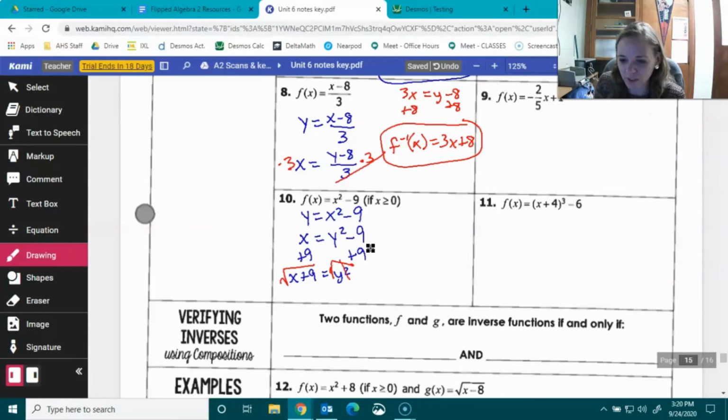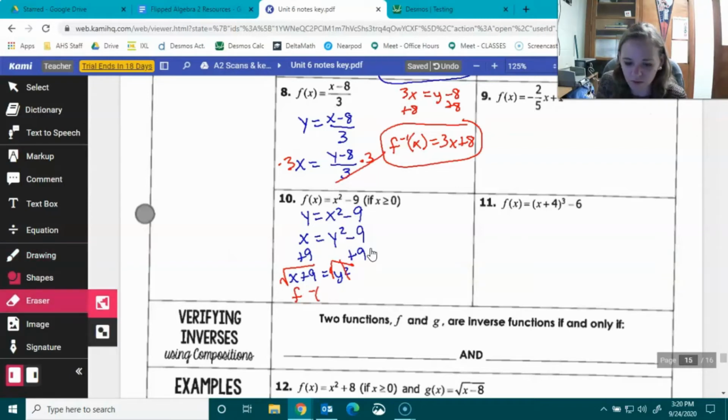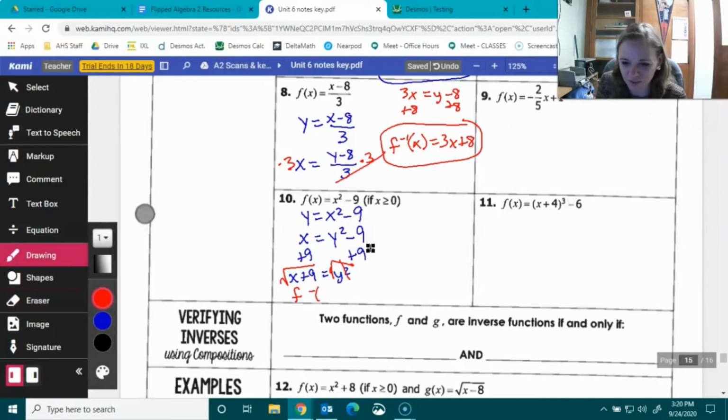So that'll go away, and we can have f of negative, oh, I put the parentheses too early. Whoopsies. And I missed the negative 1. I'm just all over the place here. Negative 1 of x is equal to radical x plus 9. Okay? Alright. Makes sense? Hopefully.